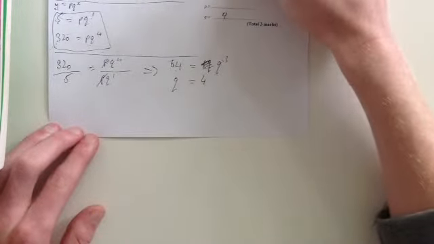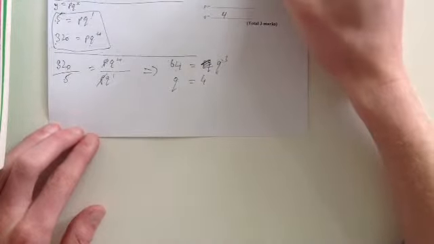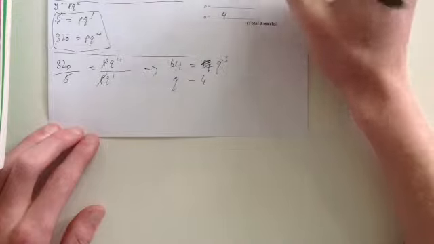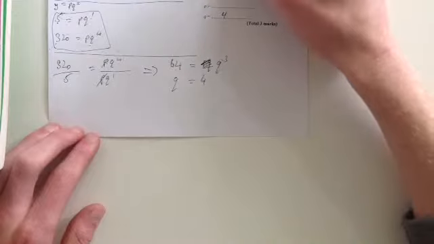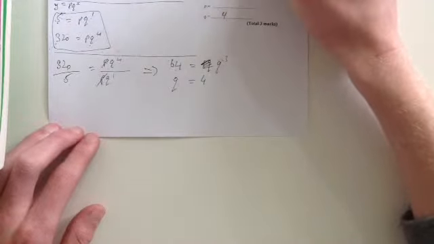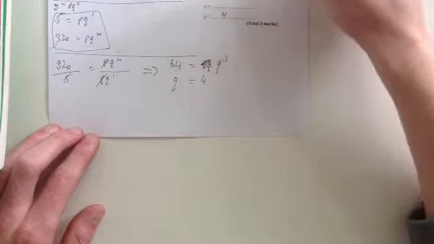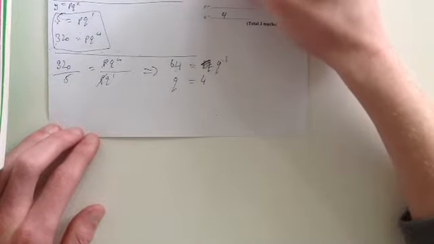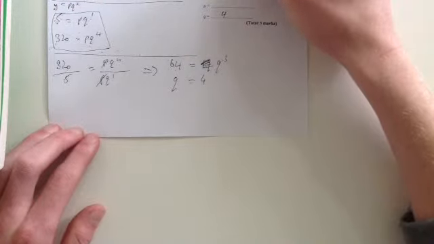So 5 equals p times 4 to the power of 1, and 4 to the power of 1 is just 4. So we then do 5 divided by 4, and there we have it. That's our answer: p equals the fraction 5 over 4.